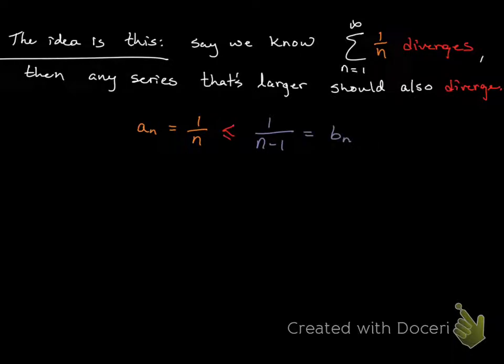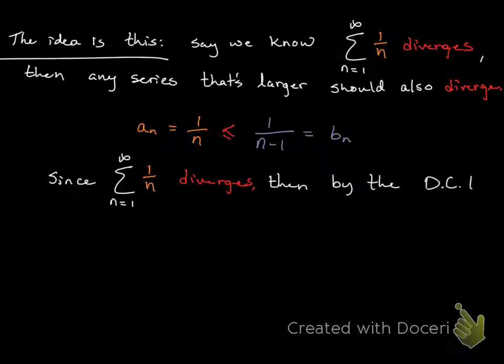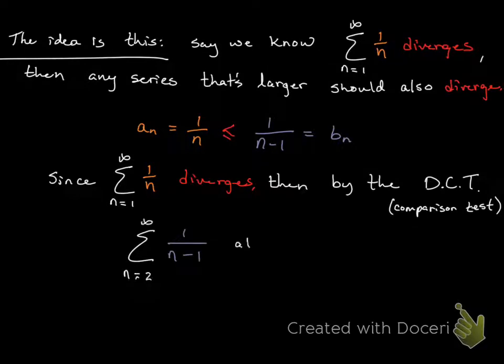The denominator is smaller, so it's indeed larger. Okay, and since I know that 1 over n diverges, and it's smaller, then by the comparison test or direct comparison test, we say that this Bn should also diverge.